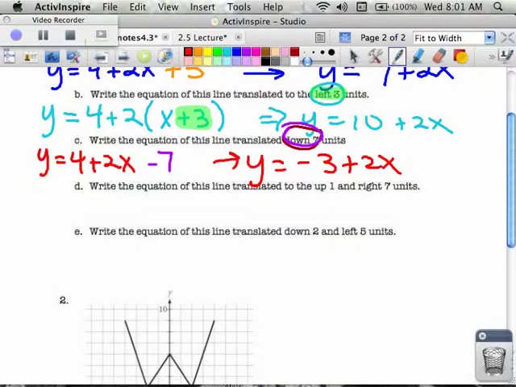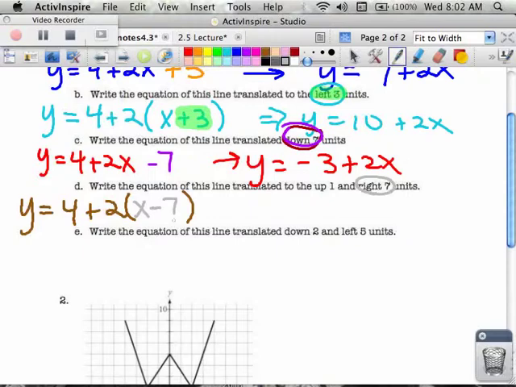In letter D, they try to get tricky with us. They try to say, oh, hey, what are you going to do? You're going to go up 1 and right 7 both. So as I write this equation down, I know I have the y equals the 4. And then since they told me that I'm going to go right 7, I know that I have to go x minus 7, which was the comment that Daniel was making earlier.